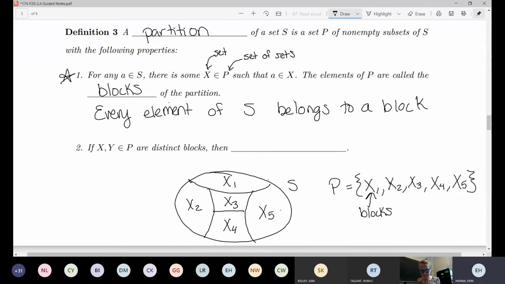And then if we have two different blocks, X and Y, if they're different blocks, they're not the same block, then their intersection must be empty. So essentially the blocks don't share elements.